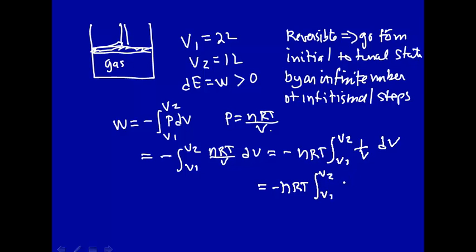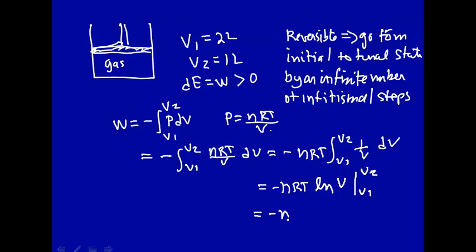So what is the integral of 1 over V? You might recall from calculus, the integral of 1 over V dV is the natural log of V evaluated between the two limits V1 and V2.